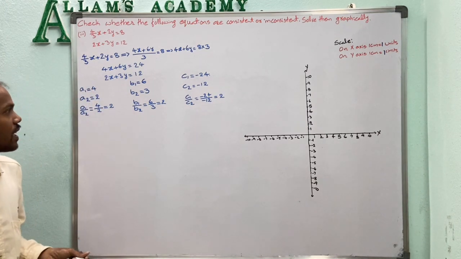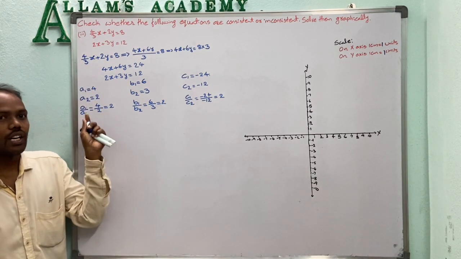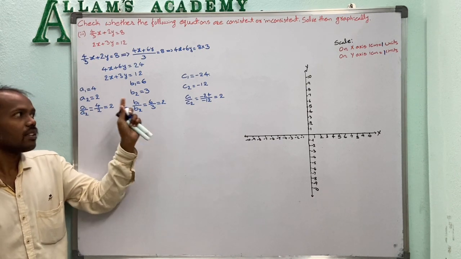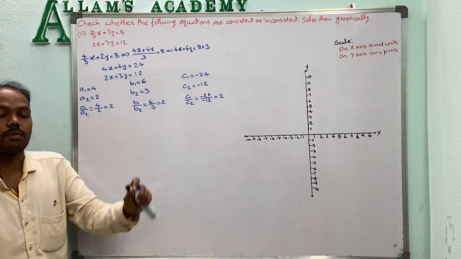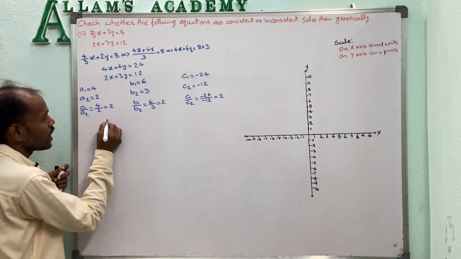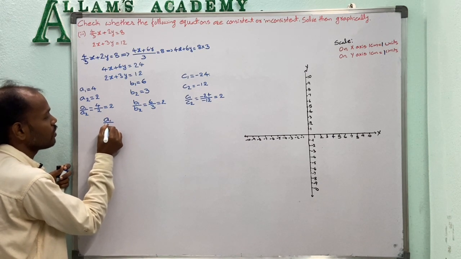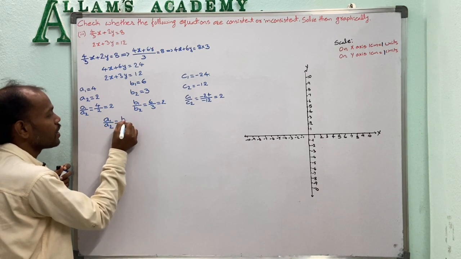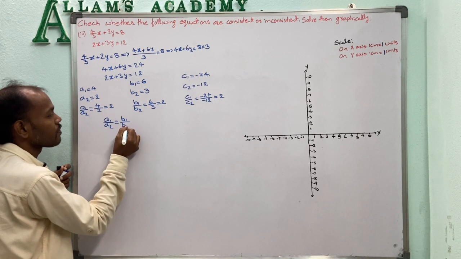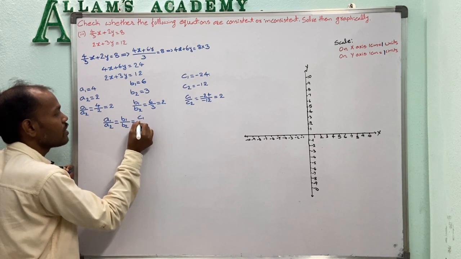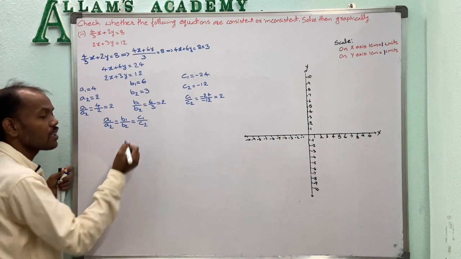So we observe that the coefficients of x and y and the constant terms are all in equal ratio: a1 by a2 equals b1 by b2 equals c1 by c2.